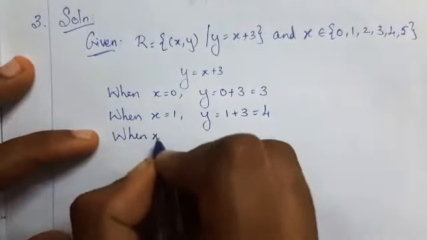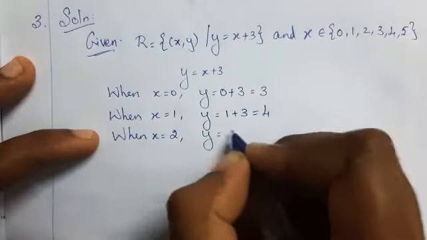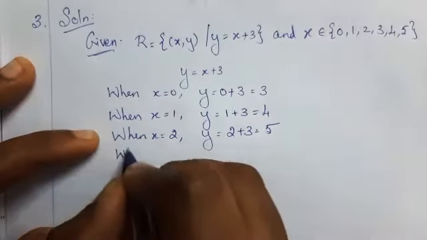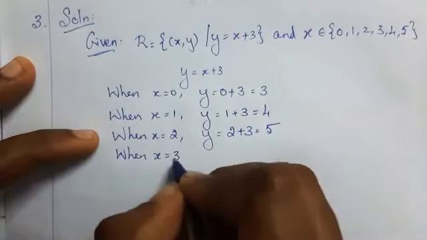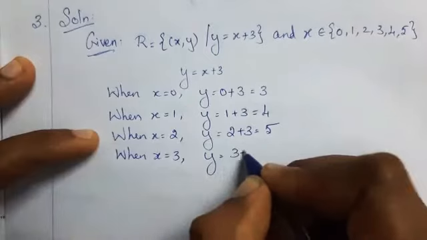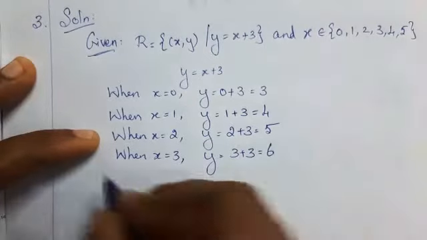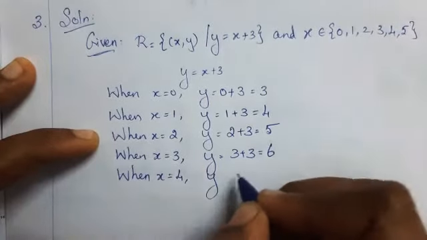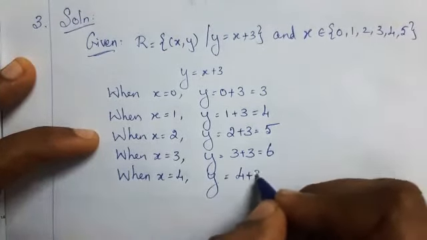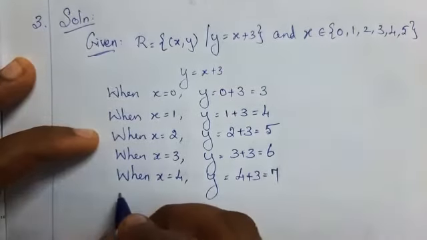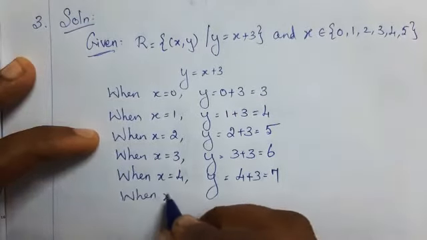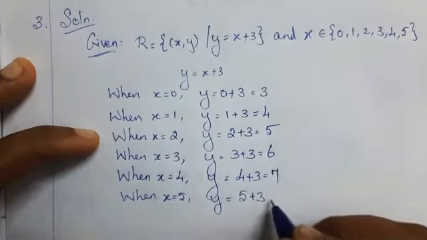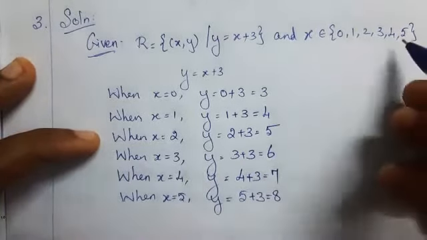When x is 2, y is 2 plus 3, that is 5. When x is 3, y is 6. When x is 4, y is 7. When x is 5, y is 5 plus 3, that is 8. That's all.